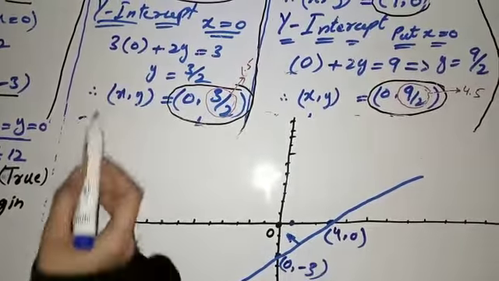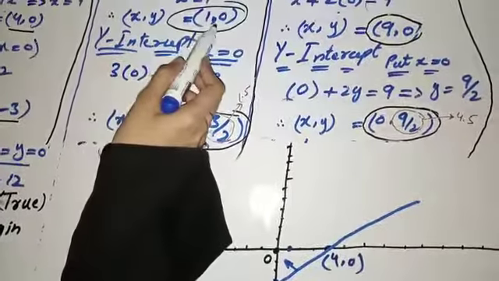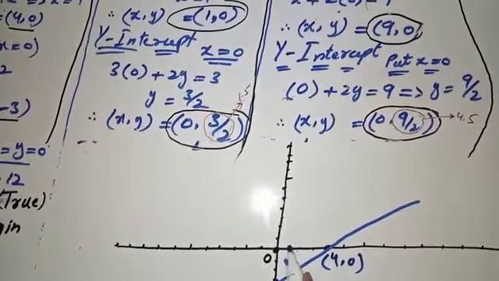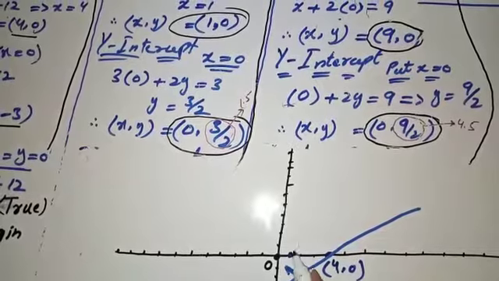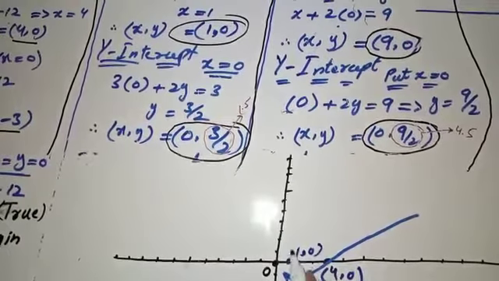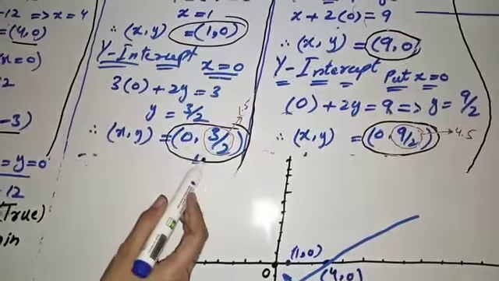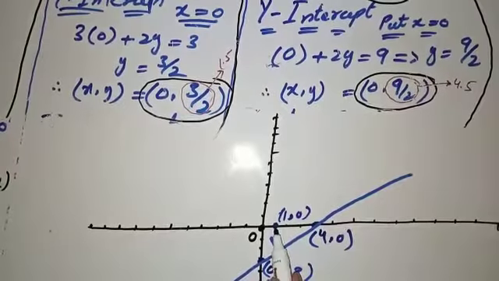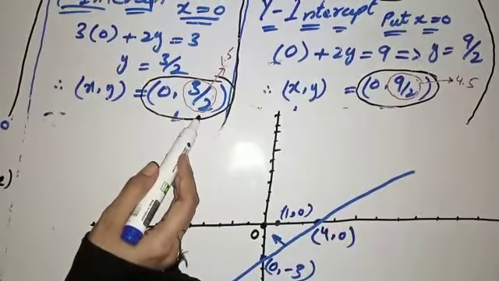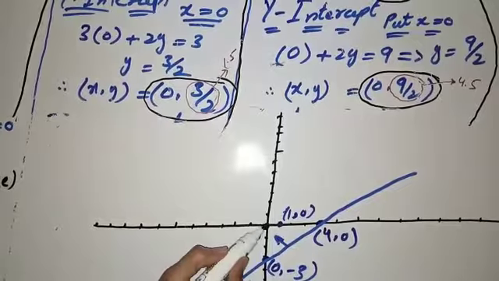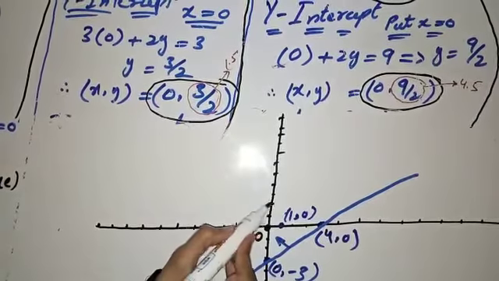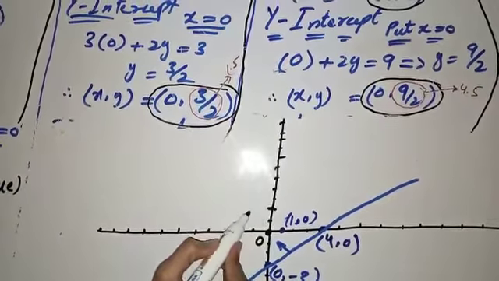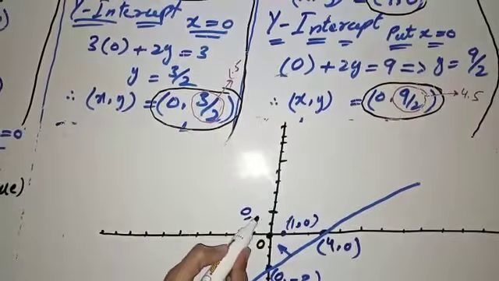For the second linear inequality expression, one point is (1, 0), x value is 1 and y value is 0. It lies at this point, (1, 0). Its second point is (0, 1.5), 3 by 2. This is 0, this is 1, suppose 1.5 lies here, (0, 3/2).